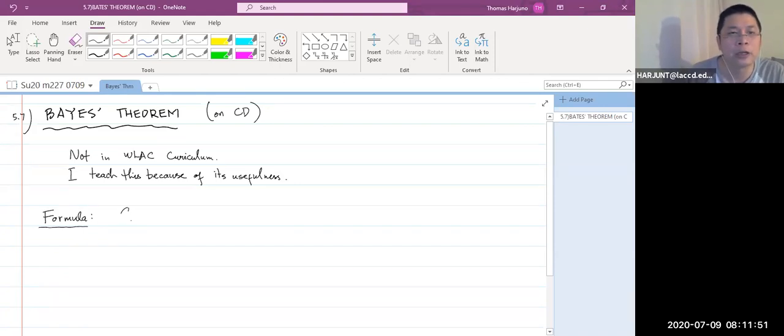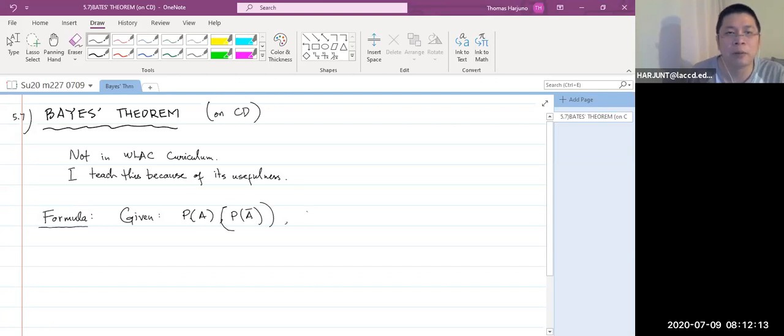Here are the given conditions. The probability of A is given, and consequently the probability of not A is also given implicitly.